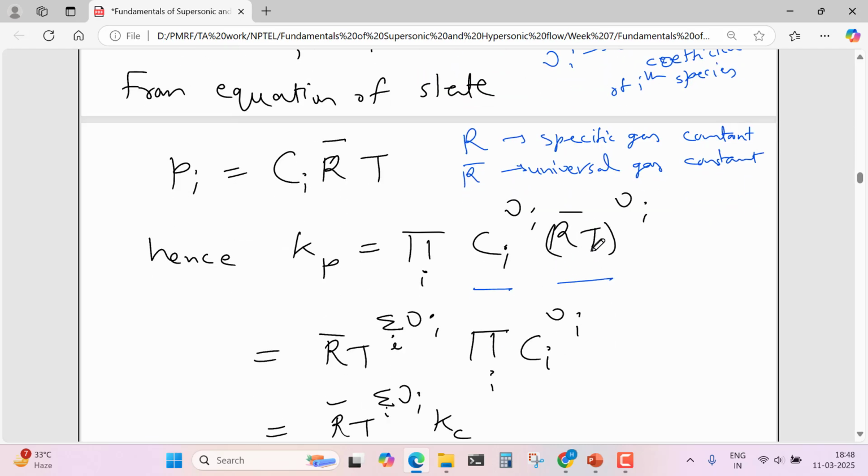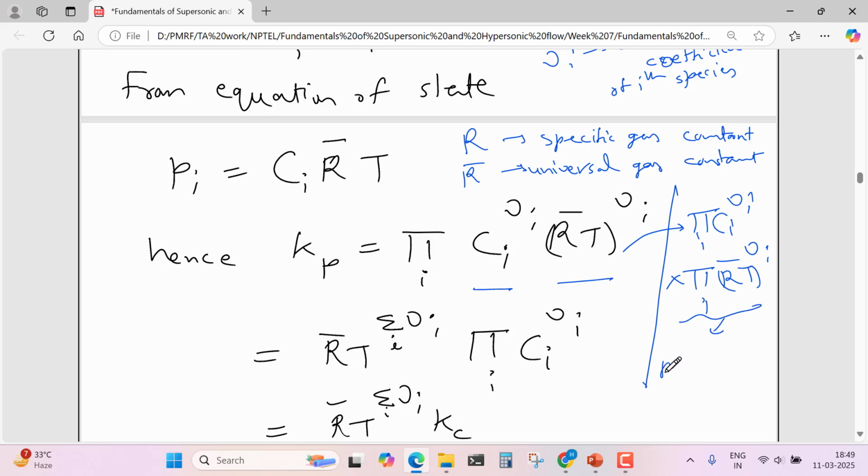As it is a product only, we can write this as pi i Ci mu i into pi i R bar T to the power mu i. Now what this second part means is R bar T to the power mu 1 into R bar T to the power mu 2 and so on.